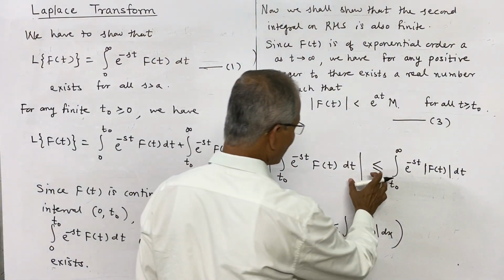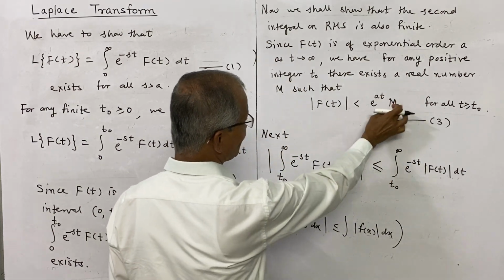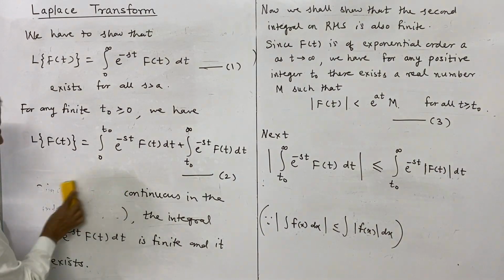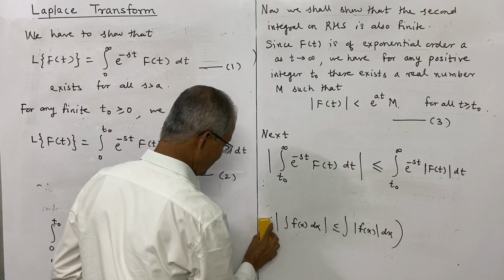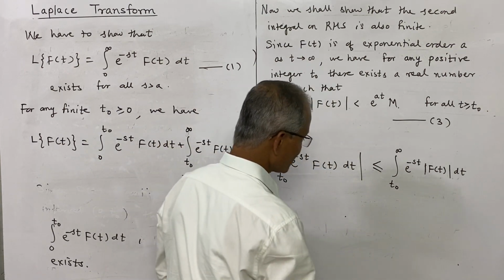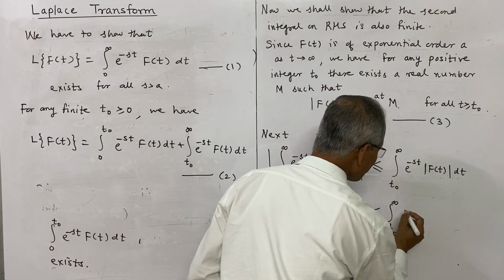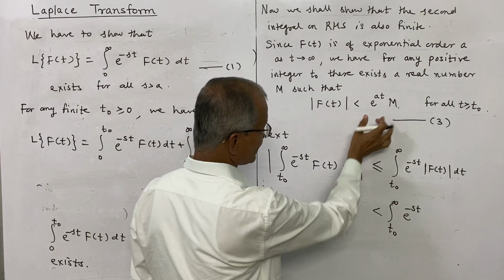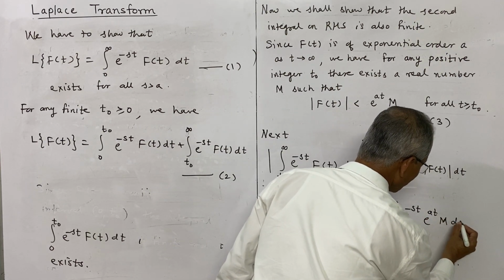Now you see the absolute value of f of t is less than e power at into M, and therefore this result is used here. So this is strictly less than the integral from t naught to infinity of e power minus st times e power at into M dt.